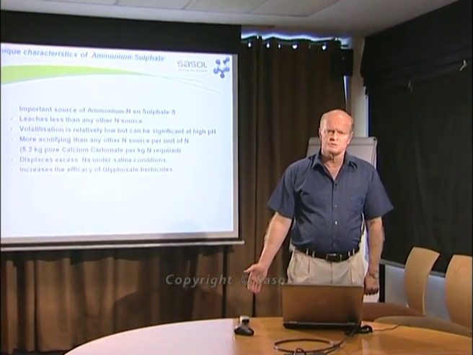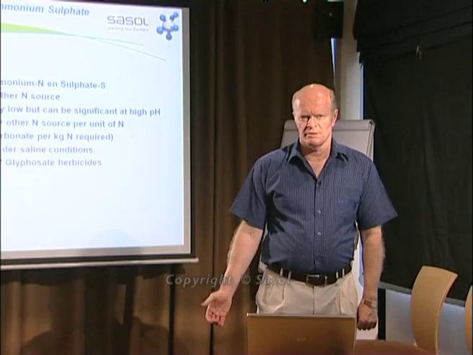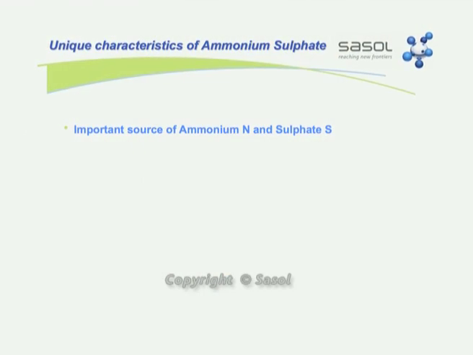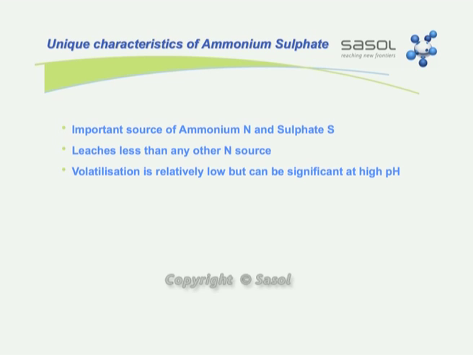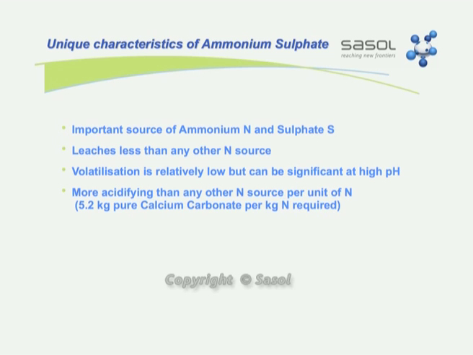It's an important source of ammonium nitrogen, as well as sulphate S. It leaches less than any other N source. Volatilization is relatively low, but can be significant when the pH of the soil is high. It's more acidifying than any other N source per unit of nitrogen.